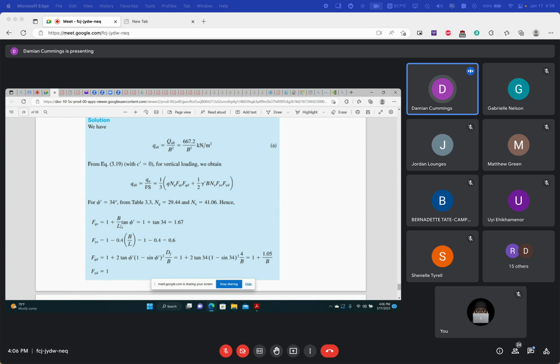Therefore, we know that this term, B over L, is equal to 1. Good? So it's 1 times tan of 35, which is equal to 1.67. Again, F gamma s is 1 minus 0.4 B over L. Again, B over L is 1. Good?